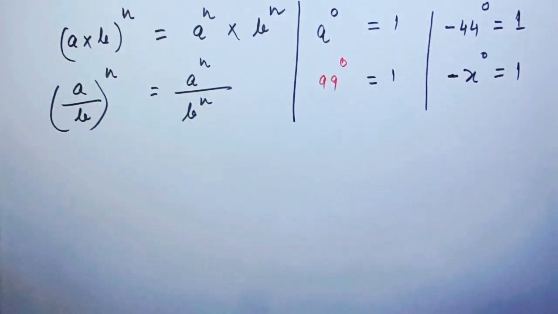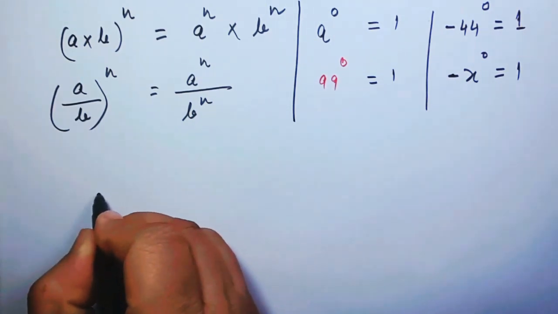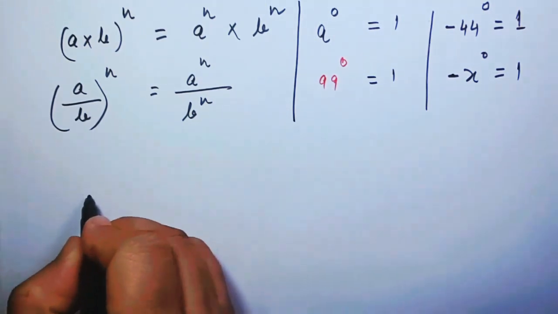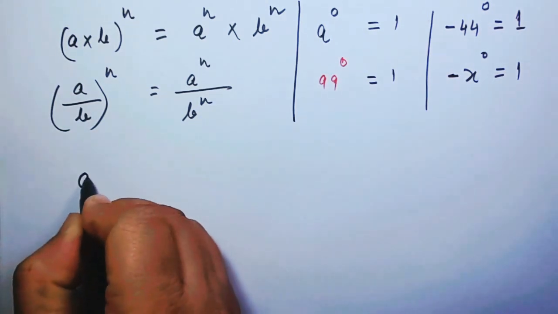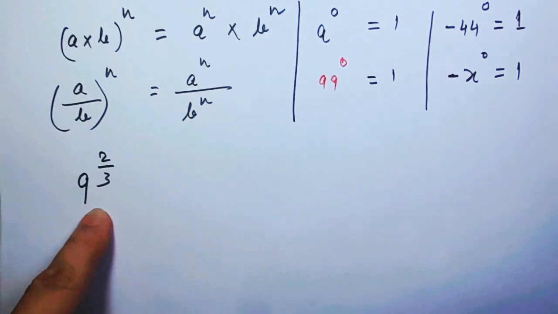Clear? Now, one more very important thing, the last one. If we write, for example, 9 to the power 2 by 3, have a look my dear, this is very important.